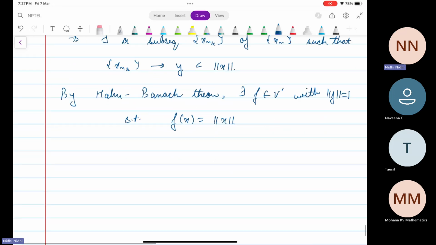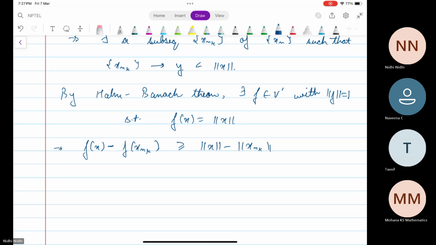Now this implies f(x) minus f(xnk) is greater than or equal to norm x minus norm xnk. Why?